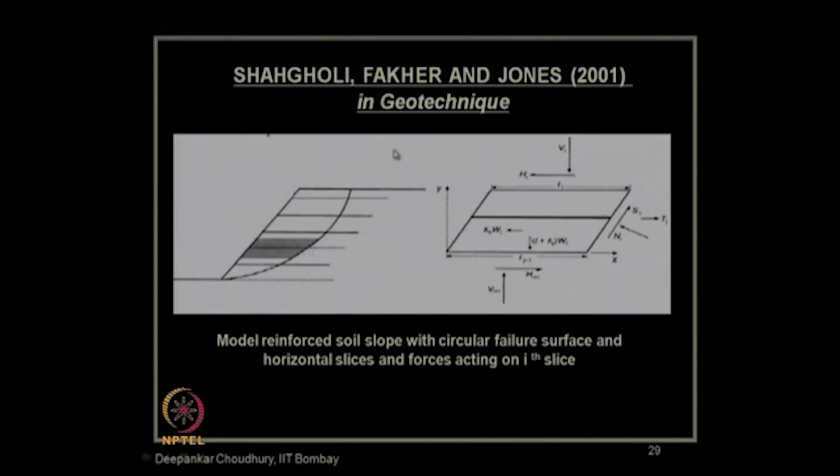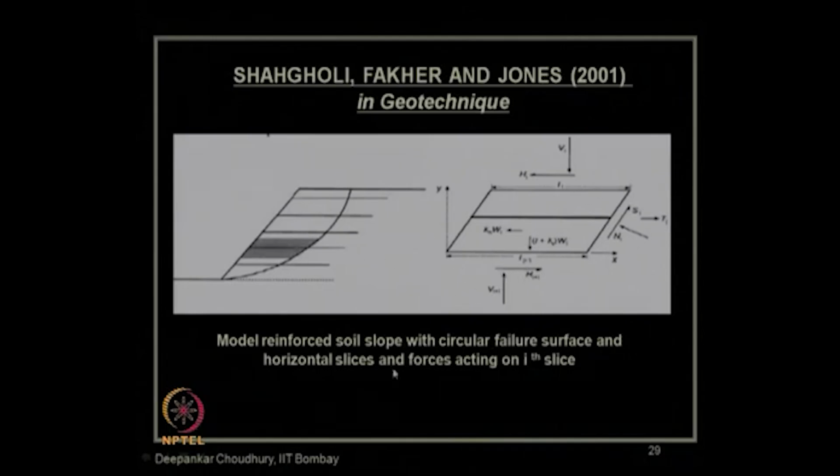So, for reinforced soil slope, this paper is available again in the journal Geotechnique, published by ICE London. This is the basic force diagram on an infinitesimal soil mass, which contains only one reinforcement like this. So, for reinforced soil slope, this is the analysis proposed by Shahgholi et al.